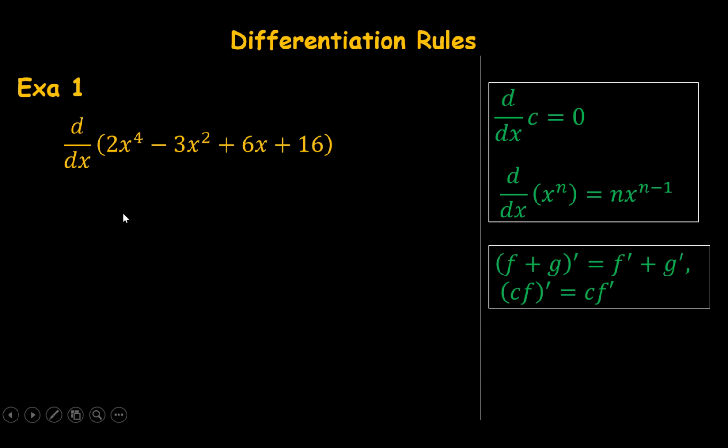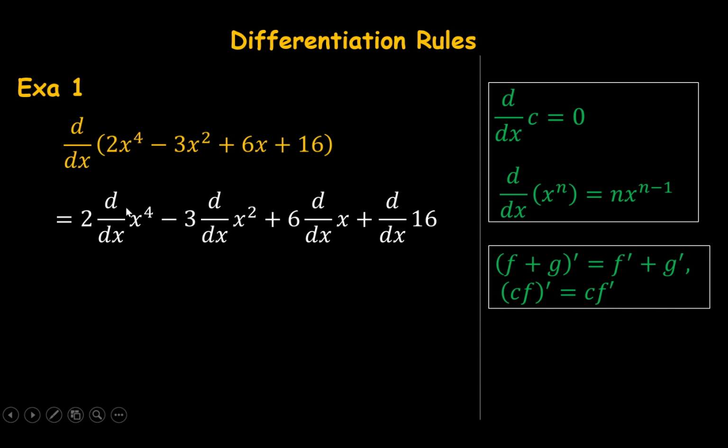And therefore, this will give you the following. So for example, the first term should give you 2 times the derivative of x to the 4th, and so on. Then for each of them, we can apply the power rule, and the constant function rule for the last one.